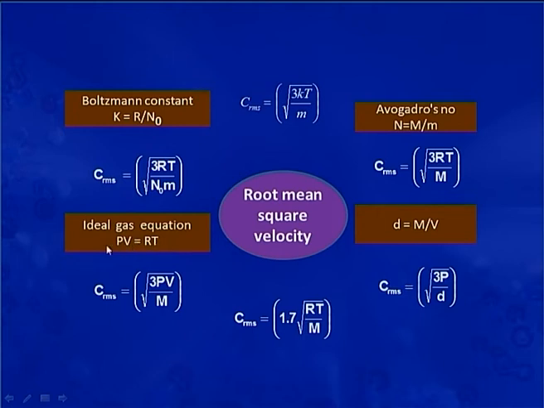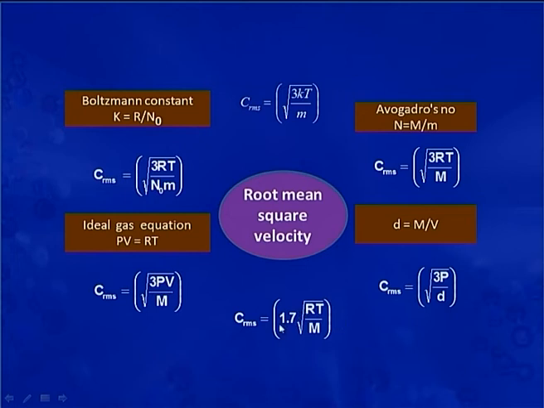So, in place of RT, if we put PV, the equation for root mean square velocity is √(3PV/M). Density is equal to mass by volume, so now we can write this equation as CRMS is equal to √(3P/D).